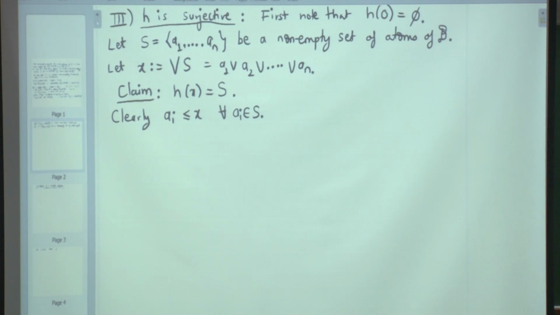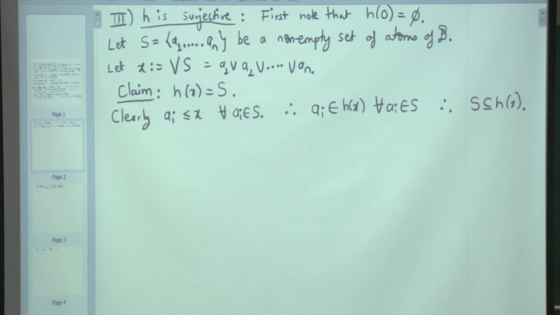So join is always bigger equal the original element, and therefore Ai belongs to H of x for all Ai in S, and therefore S is a subset of H of x. Nothing complicated over here. So what is the next thing that we should show?